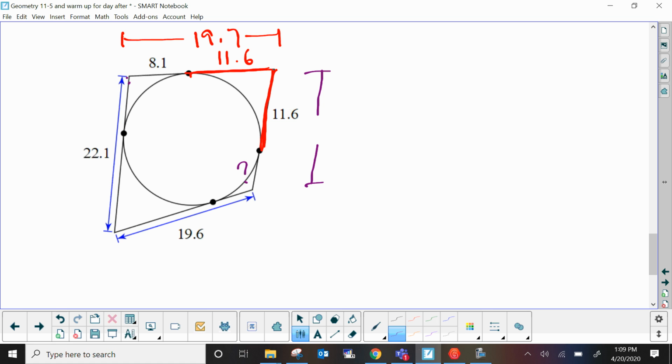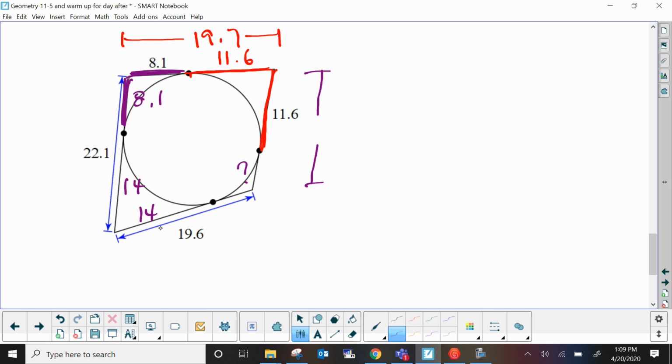So if this part right here is 8.1, I know that this part is 8.1 as well. Since the whole thing was 22.1, if I subtract 8.1 from the 22.1, I will see that this part down here is 14, which makes this part right here 14.